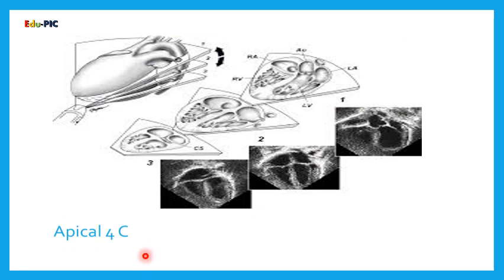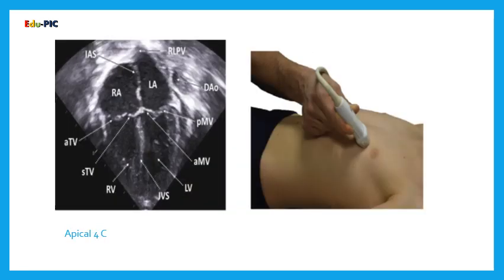Then moving to the apical four-chamber view, the same idea applies: with different movements and different angles of the view, we can cut the heart in different slices, and each slice gives us different information. To obtain a good four-chamber view, you will place your probe as you see in the image, and the marker will be towards the left shoulder.